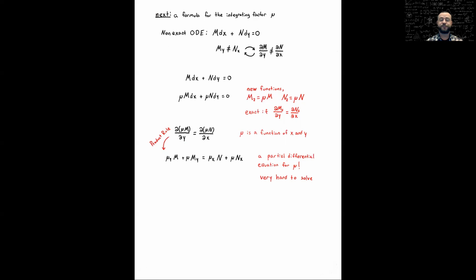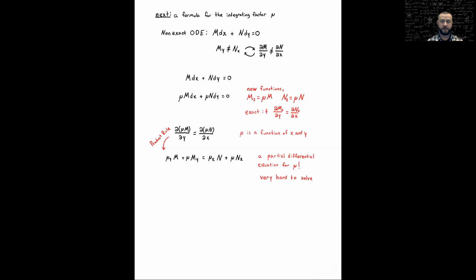Take my word for it, these are extremely hard to solve within physics and engineering, and they are extremely hard to solve in mathematics, where there's very little results for partial differential equations compared to ordinary differential equations.